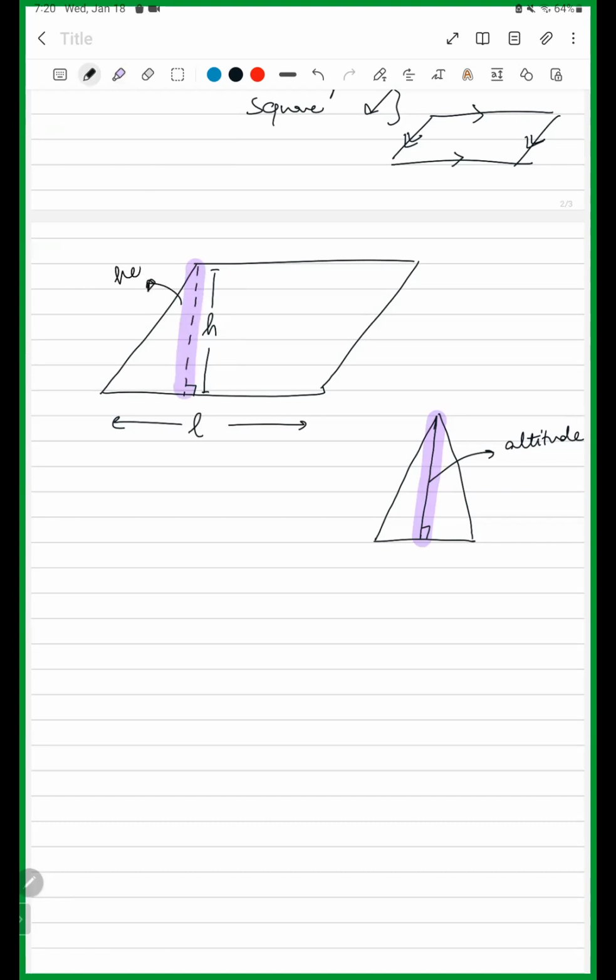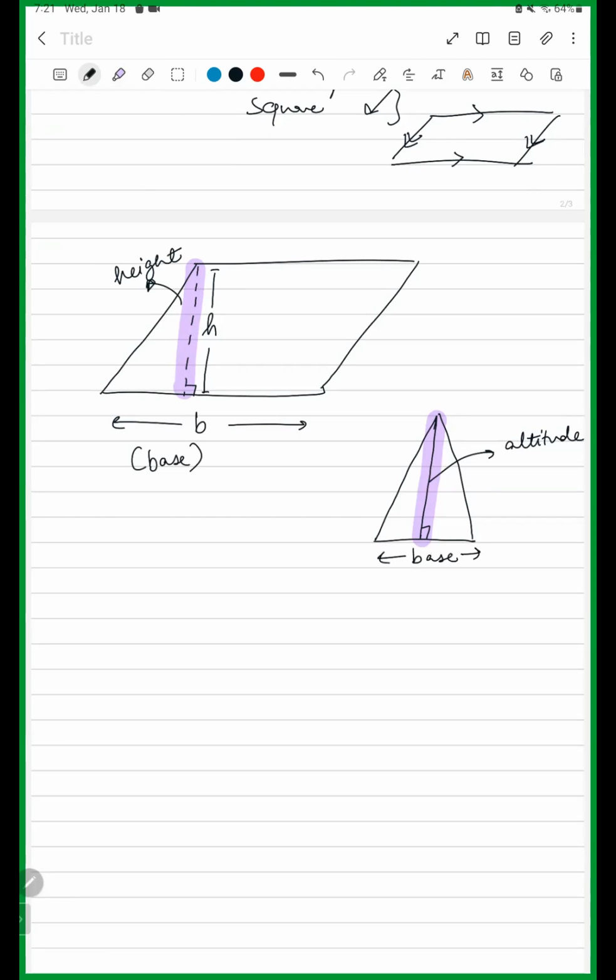All right, so this is the altitude of, this is the height of the parallelogram. And let's not call it L, let's call it B. B stands for base. ठीक है? जैसे हमारे ट्राइंगल में भी एक बेस होता है, है ना? तो इसमें भी बेस है.